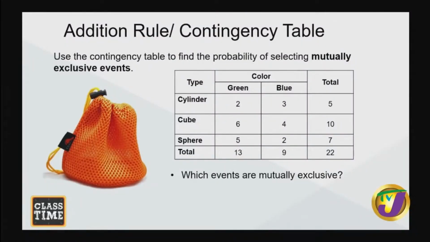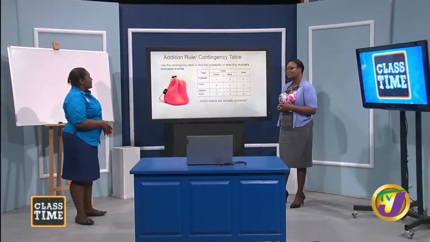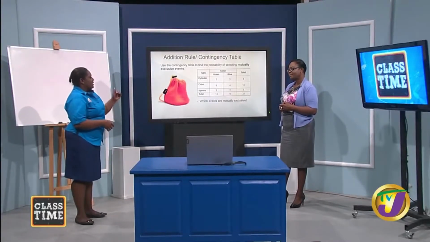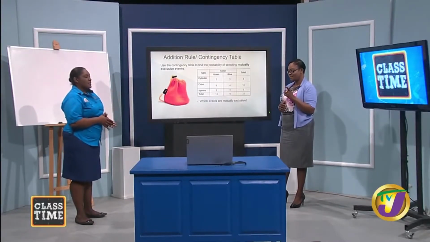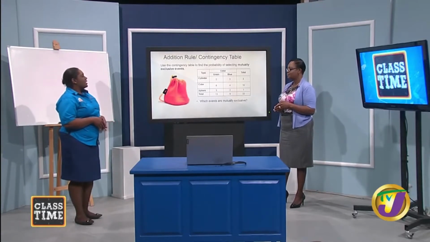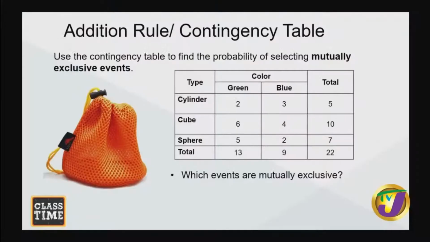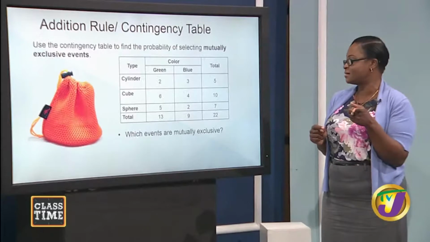I really hope they can, because we gave the answer several times. All right. So the green solids and the blue solids are mutually exclusive events. And if we talk about the solids individually, the cylinders, the cubes, and the spheres, they are 3 sets of mutually exclusive events. I hope you had written that down as your answer.